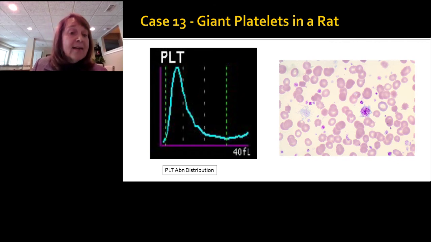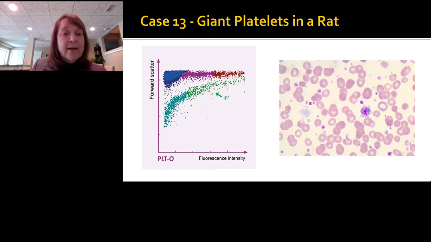When we look at our Platelet-O, we can see that's exactly what this rat is doing. We have pretty normal populations, but they have a pretty big immature platelet fraction. So it works pretty nicely in animals, especially for seeing regeneration when you want to see regeneration.